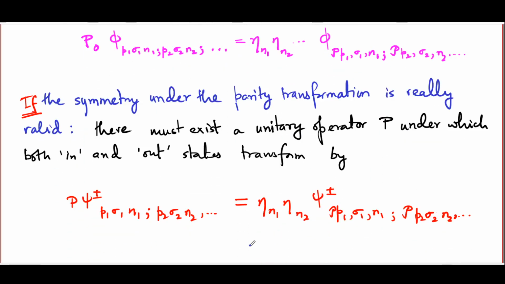And the action of capital P on the in or out states, denoted by plus or minus signs, is exactly the same as that of P0 acting on the phi, the free particle states. P acting on psi plus minus, p1 sigma 1 n1, p2 sigma 2 n2, etc. is eta n1, eta n2 times psi plus minus, curly p p1 sigma 1 n1, curly p p2 sigma 2 n2 and so on.